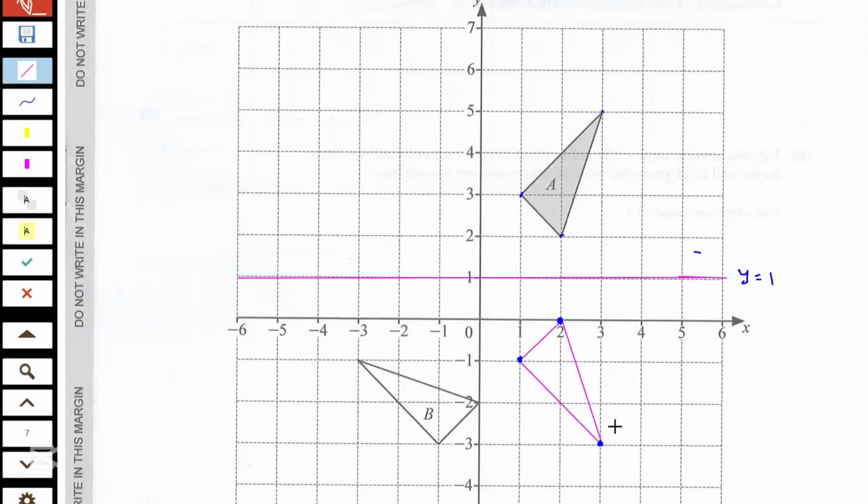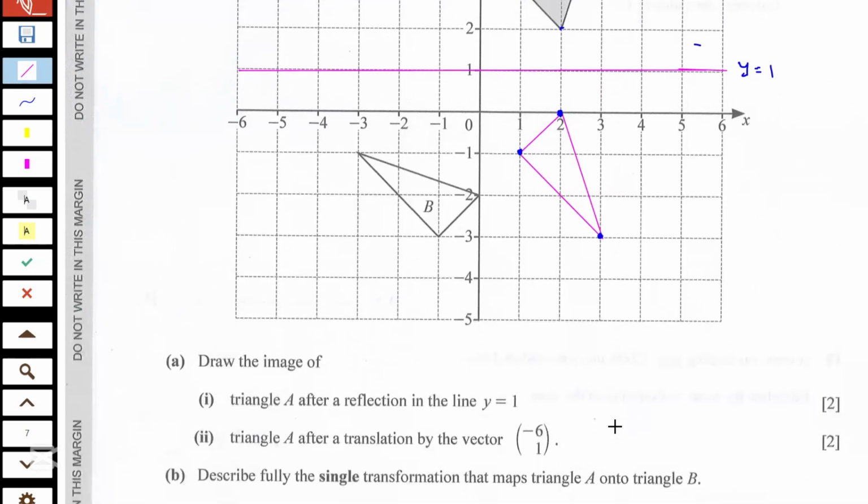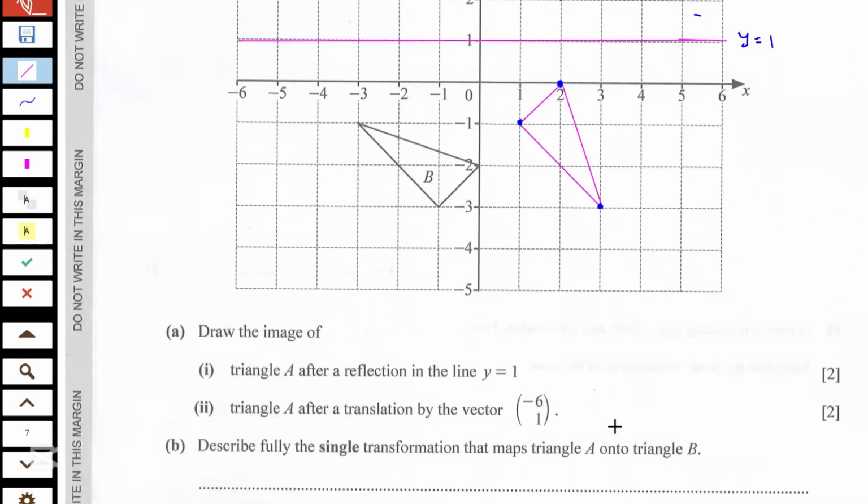Now let's move on to the next question that says, triangle A after a translation by the vector -6 and 1. The column vector is given as -6 and 1. So which means on the x-axis, we're going to move by -6, and then on the y-axis, we're moving by just 1 unit.